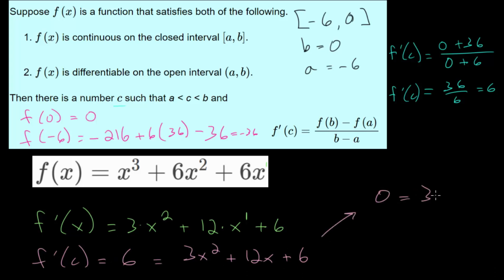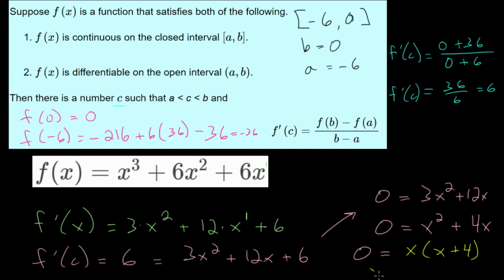We get 0 is 3x squared plus 12x. And we can divide everything by 3 so that we get x squared plus 4x. And we can factor out an x here so that we get x multiplied by x plus 4. And there are two solutions here. We can see that when x is 0, this is true, and when x is negative 4.